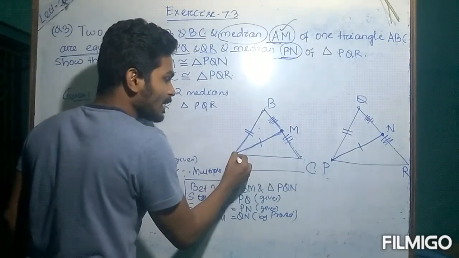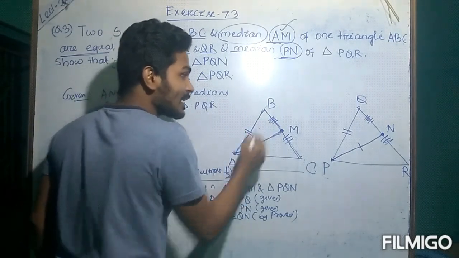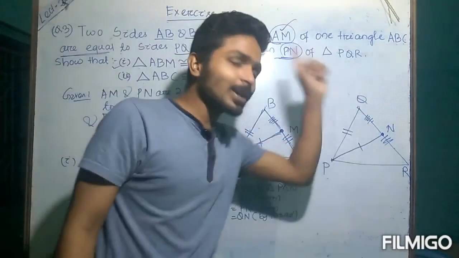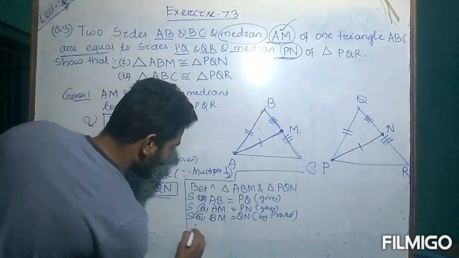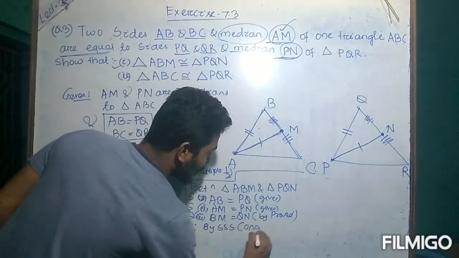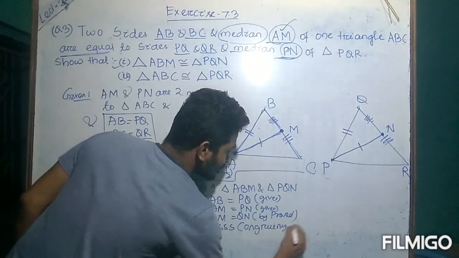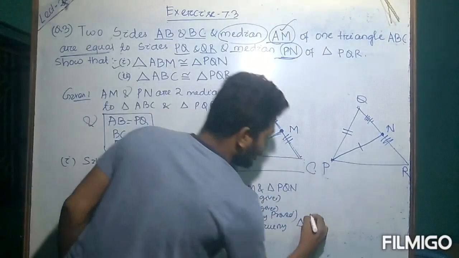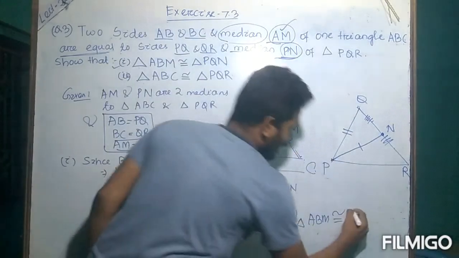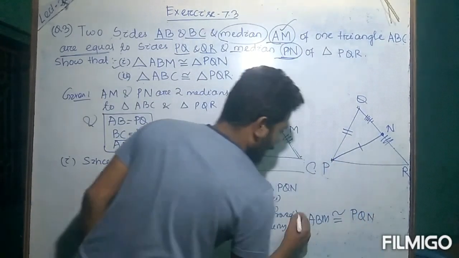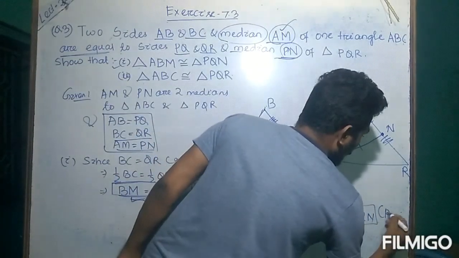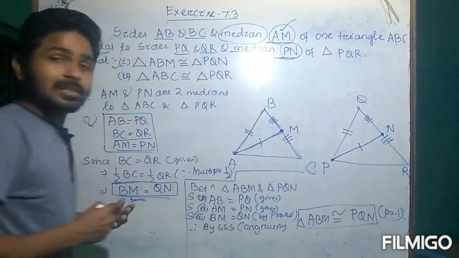So for the triangle ABM, if we consider this side, this side, this side, by SSS congruency we can write this triangle is congruent to this triangle. Hence, by SSS congruency, triangle ABM is congruent to the triangle PQN. Hence, we have proved the statement number 1. Proved 1. Do you understand it?